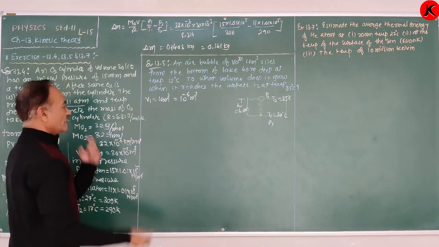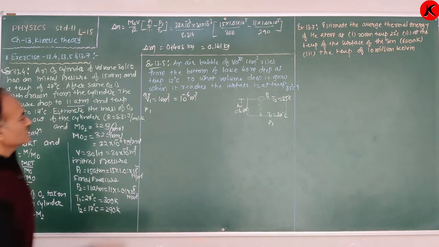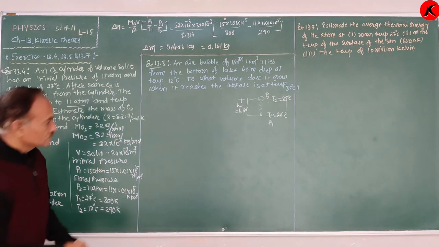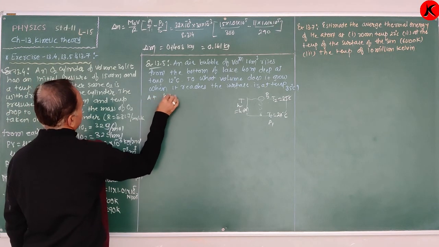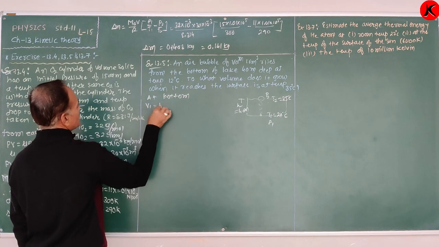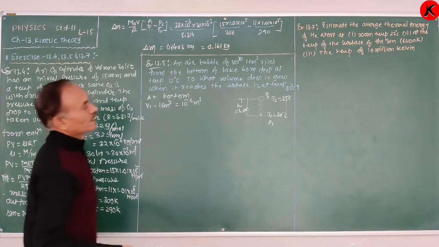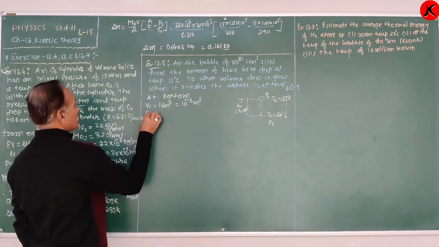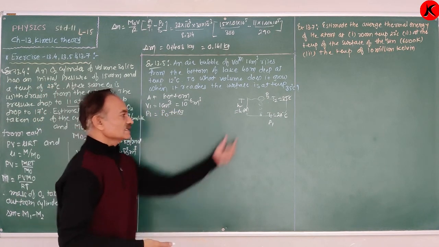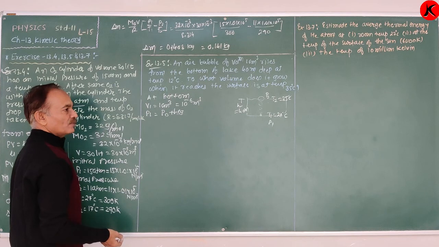The initial pressure P1 at the bottom is P0 plus h rho g, because the bottom is at a depth of 40 meters, and P0 is the atmospheric pressure.